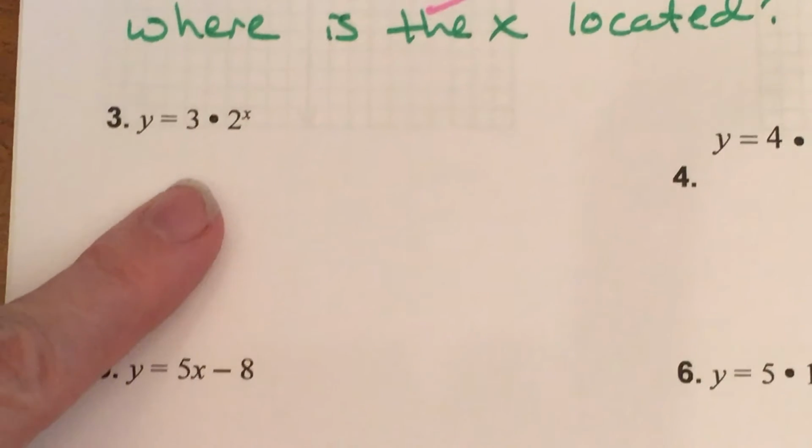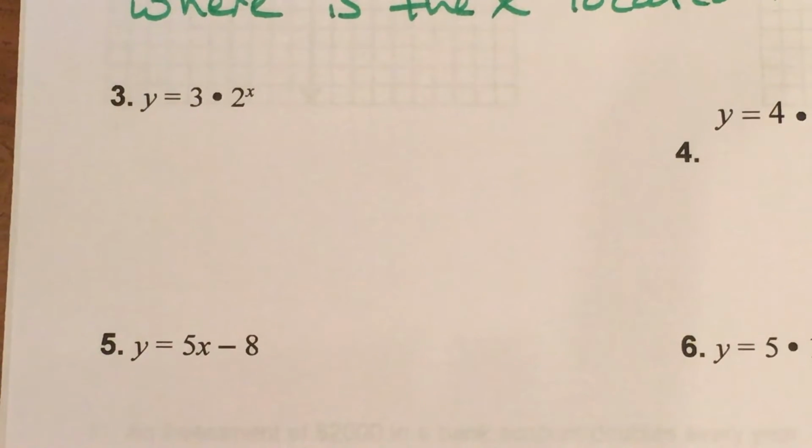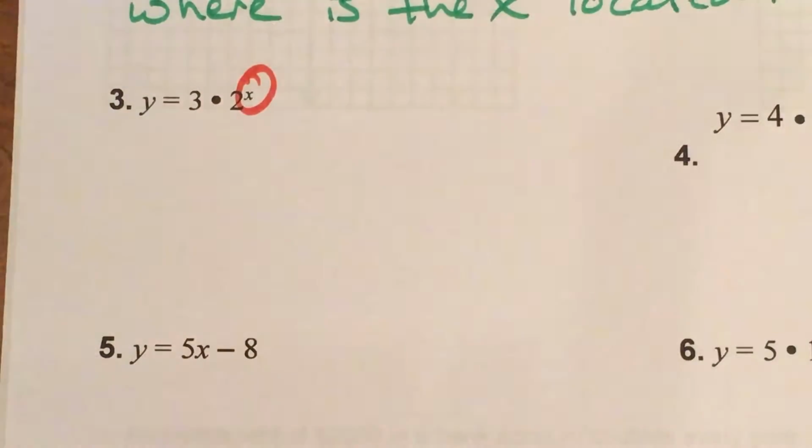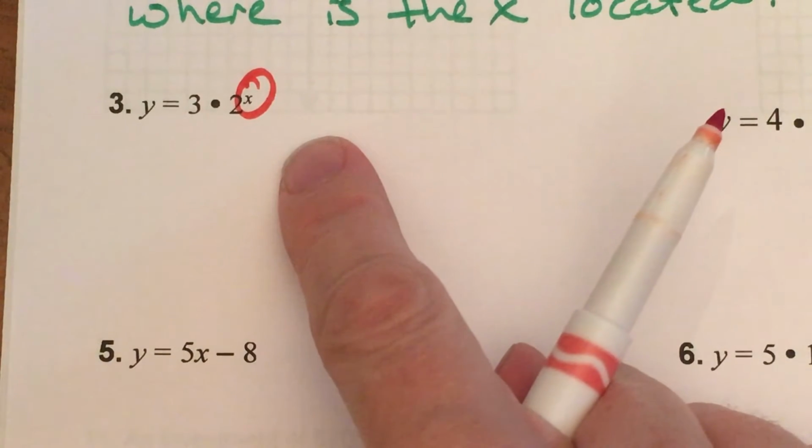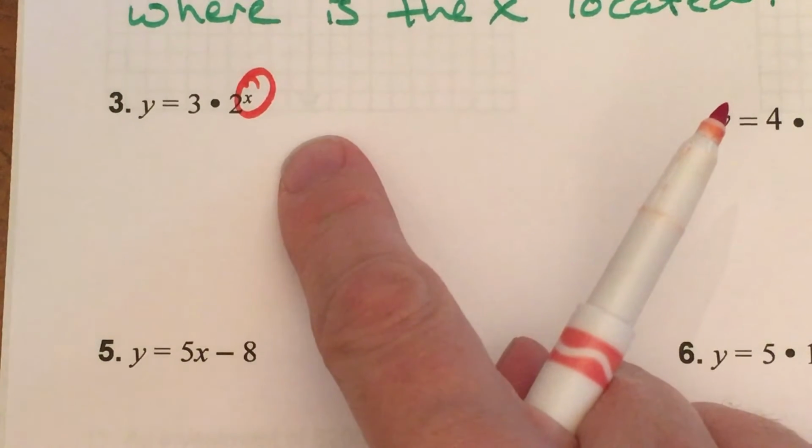So number 3, where is the x located? Circle it. Yep, there it is. So that means that this, is it linear or is it exponential?